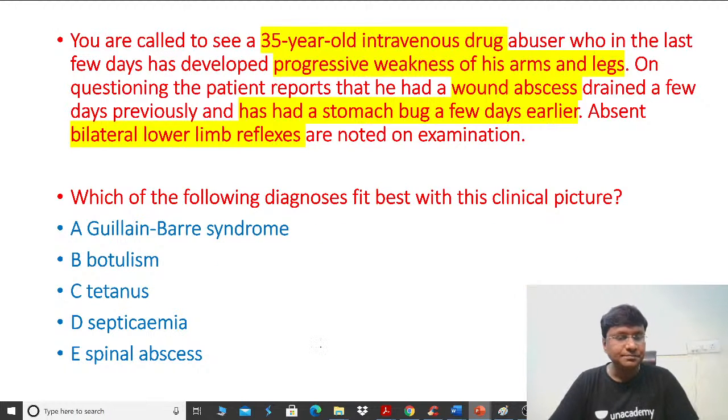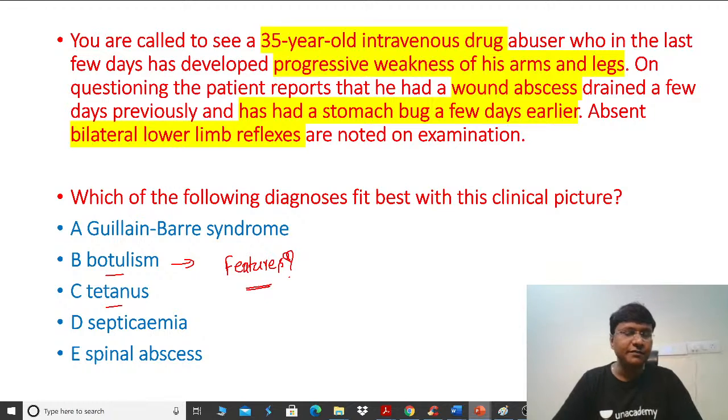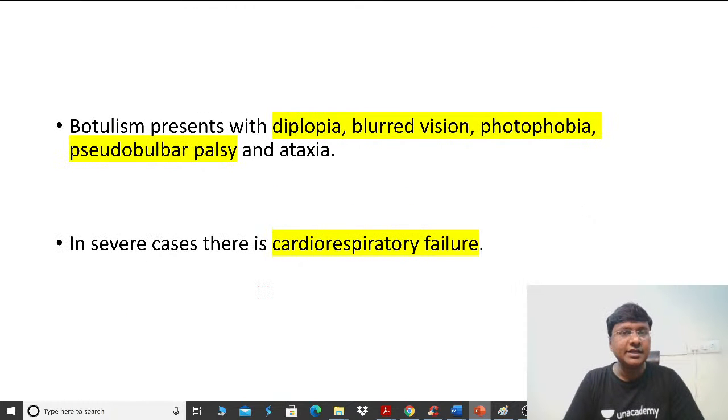Now, let me tell you the features of the other options. You take botulism. What are the important clinical features of botulism?